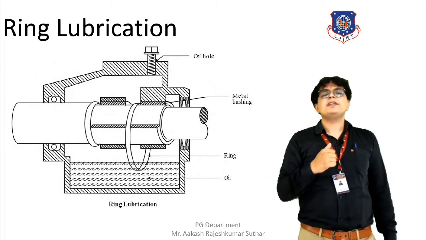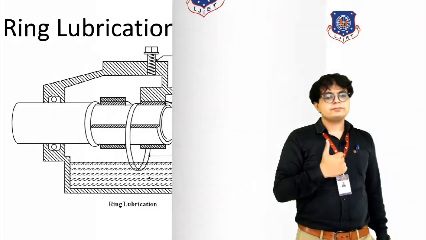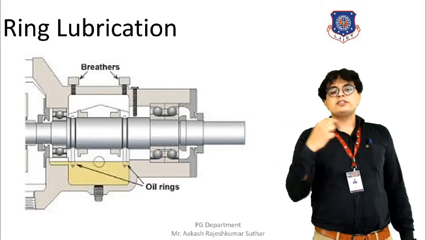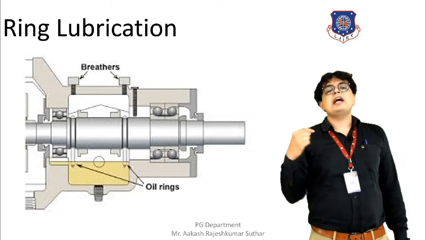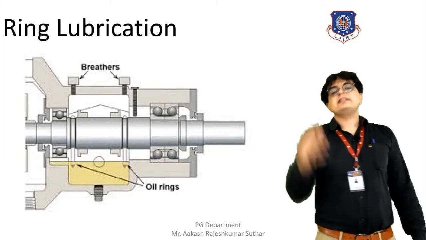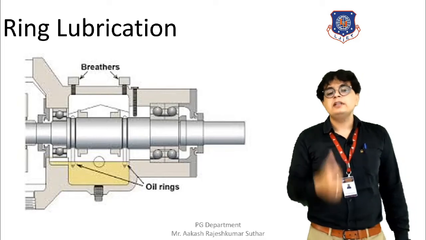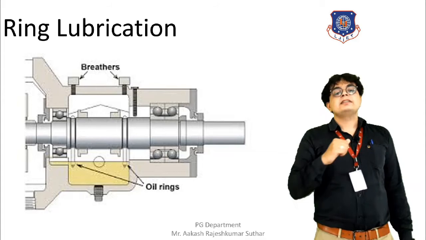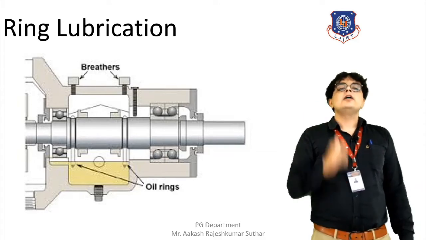We have another figure also. Let's see it. Here we have the horizontal member, that is a shaft, over which we have provided the ring that is immersed into the oil. Particularly in this figure, there are two rings immersed in the reservoir of the lubricant.